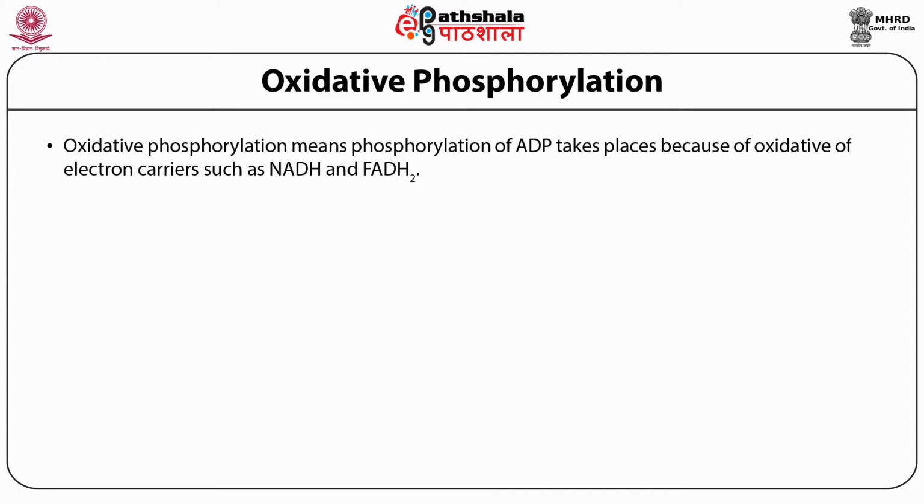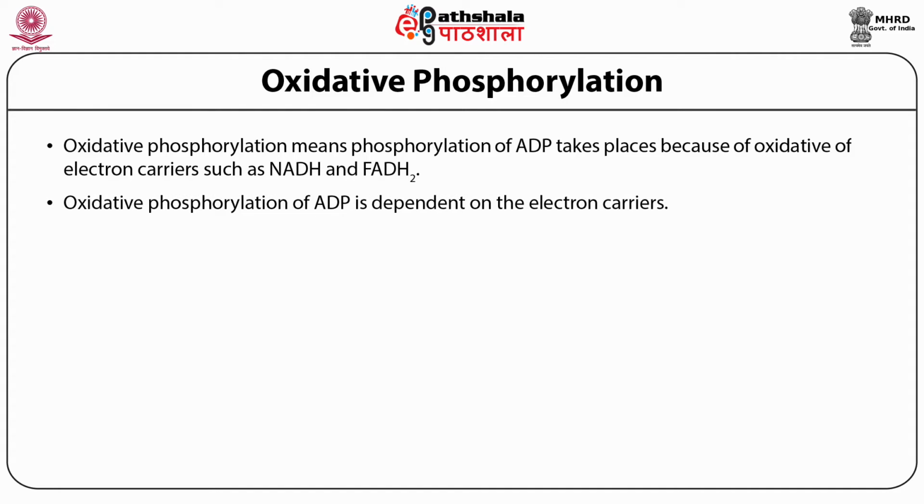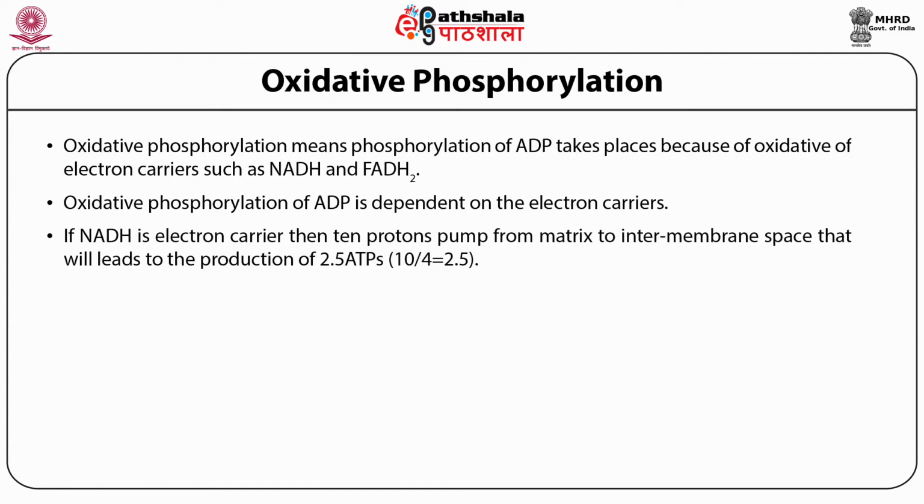That means oxidation of NADH and FADH2 leads to the phosphorylation of ADP. Oxidative phosphorylation of ADP is dependent on electron carriers. If NADH is the electron carrier, then 10 protons are pumped from the matrix to the intermembrane space, and it leads to the production of 2.5 ATP, because you know that 1 ATP is synthesized by utilizing 4 protons.